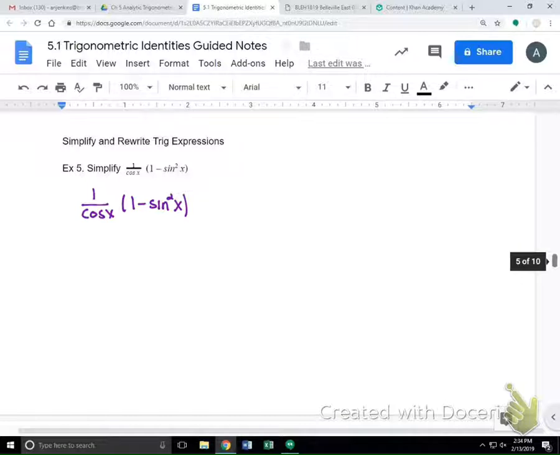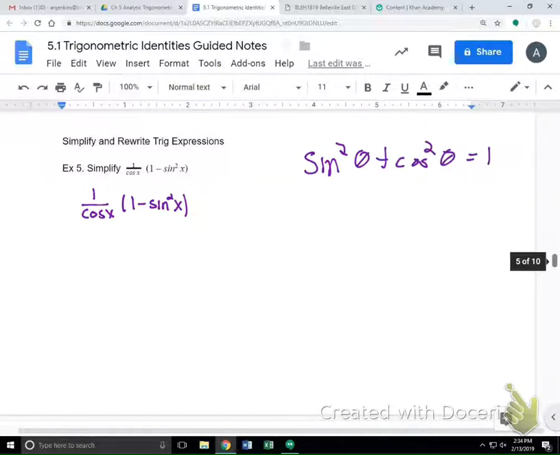So which identity deals with the square of sine? I gave it to you yesterday. When you see 1 minus sine squared, sine squared theta plus cosine squared theta equals 1.